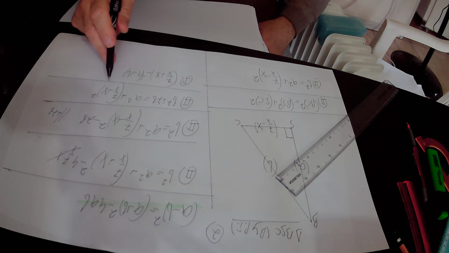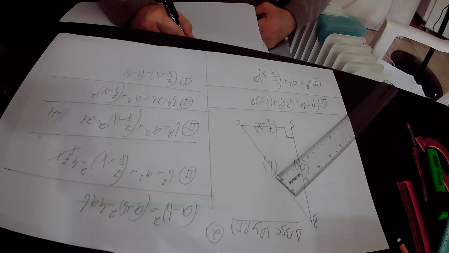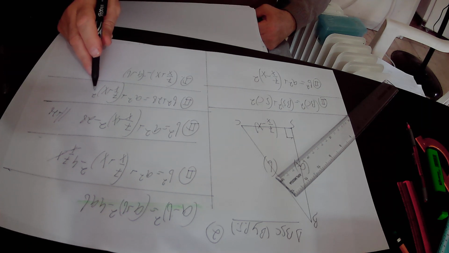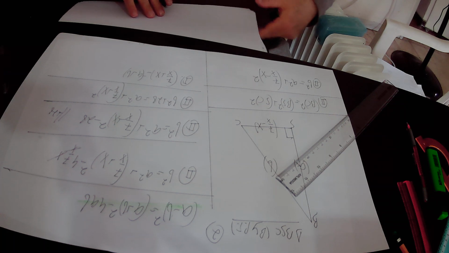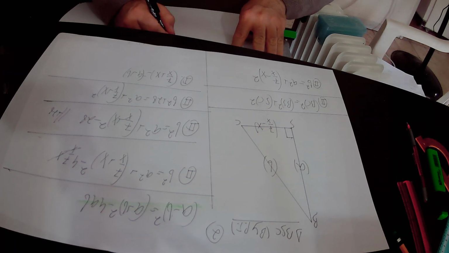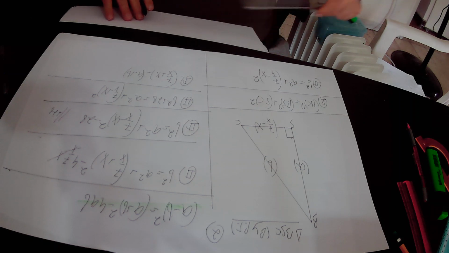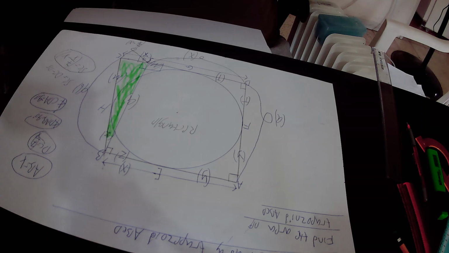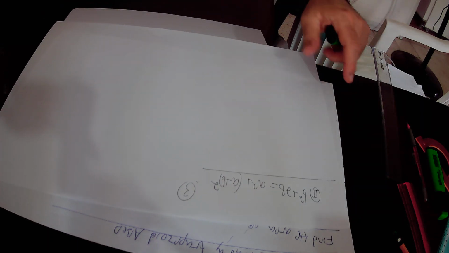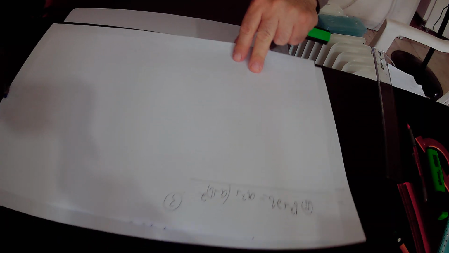So we substitute 7 over x plus x by a plus b, and we have to square it, because we have a square here. So in conclusion, according to equation 2, we found out that b squared plus 28 equals a squared plus a plus b squared.